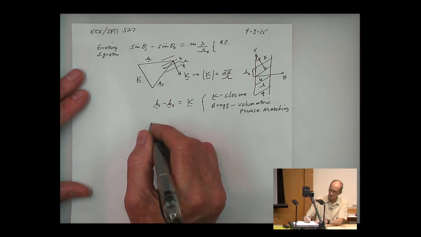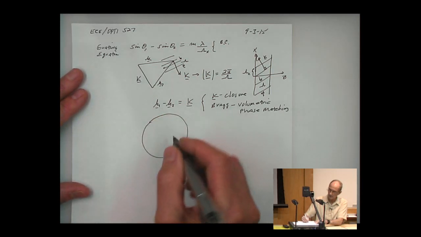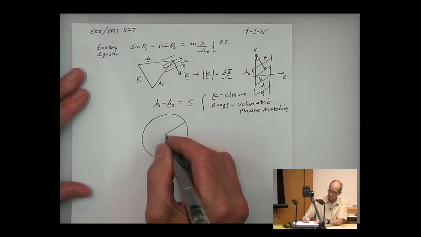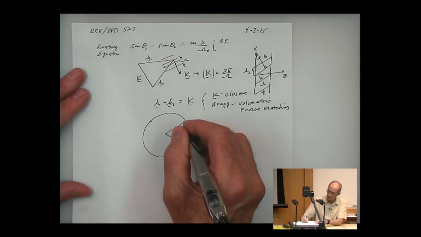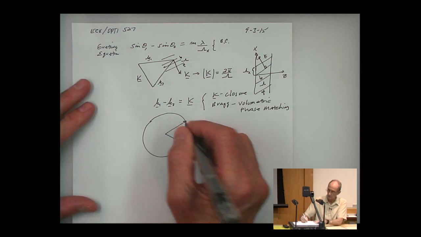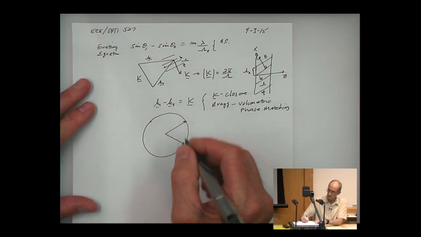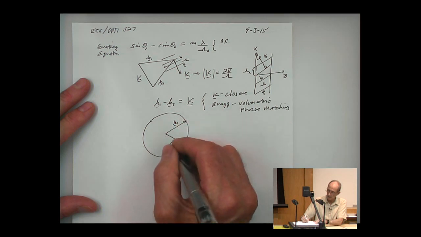We explored that a little bit last time with this Bragg circle representation of the grating or Bragg condition or grating vector relation, where here we have K1 and K2.